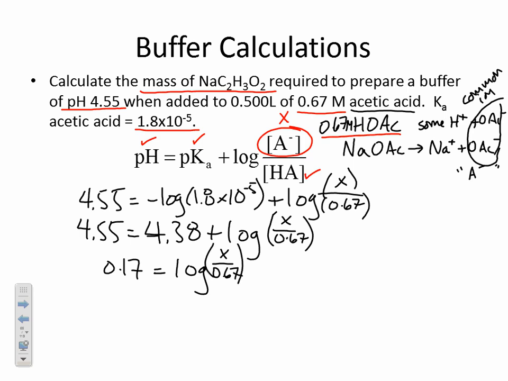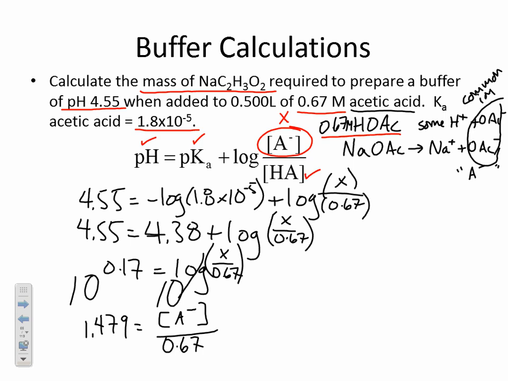We want to solve for X, so you have to do base number power. If you take both sides and make them the exponent for 10, the log goes away. And I get 1.479 is equal to X over 0.67. Solving that, the A minus, your acetate concentration, is 0.991 molar.